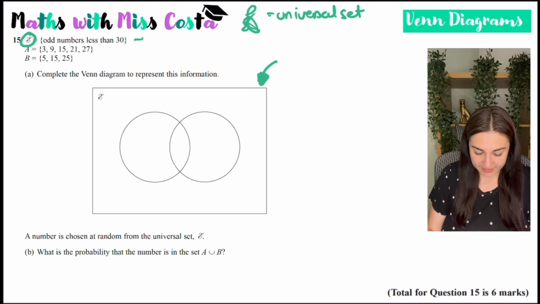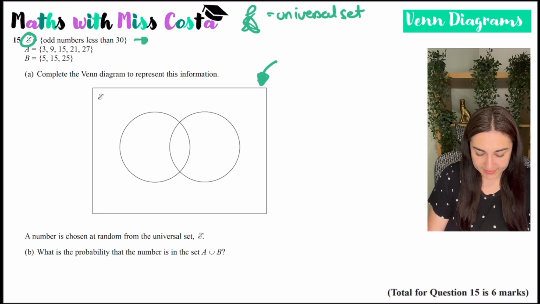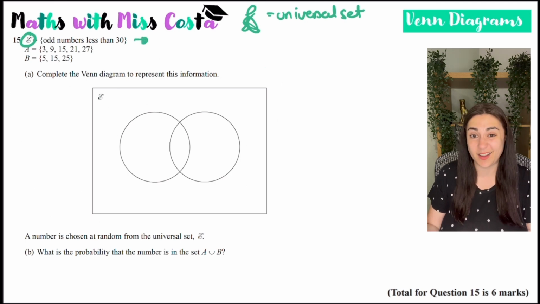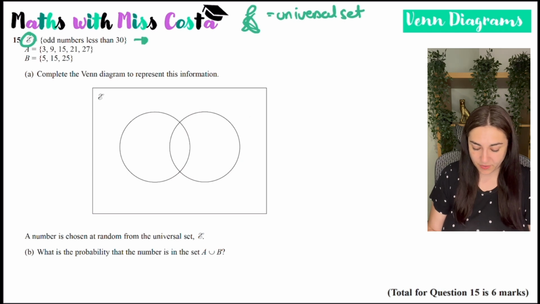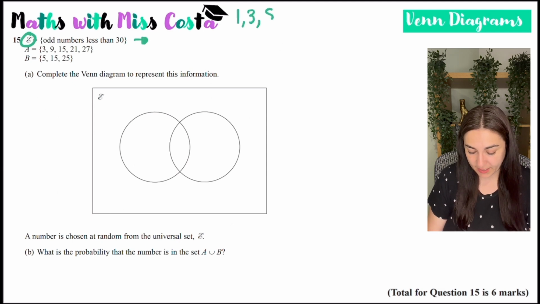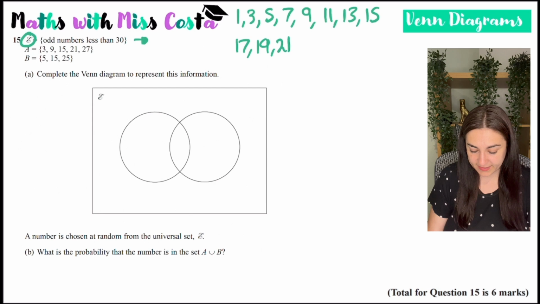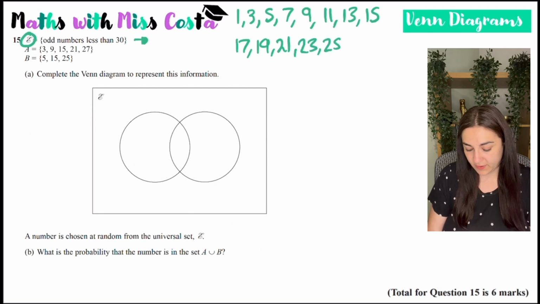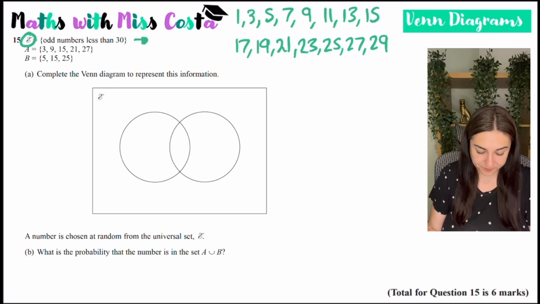So all of the numbers in the universal set are odd numbers less than 30. I can start by just writing them down so that I know what my possible numbers would be. So every odd number that is less than 30, that would be 1, 3, 5, 7, 9, 11, 13, 15, 17, 19, 21, 23, 25, 27, and 29.